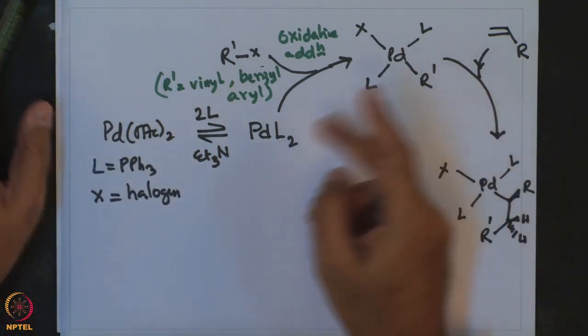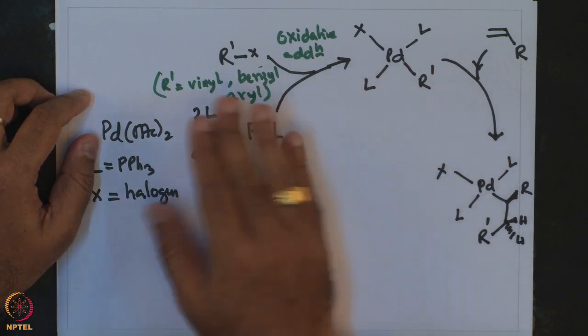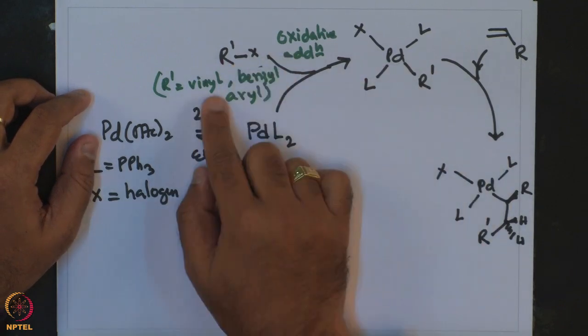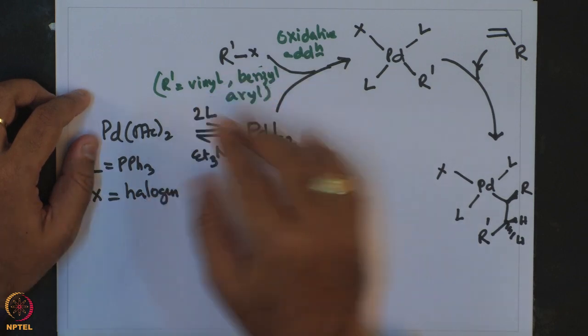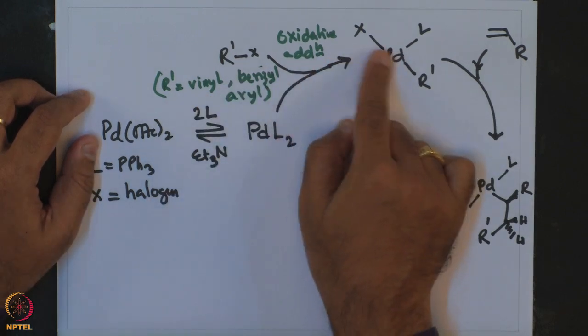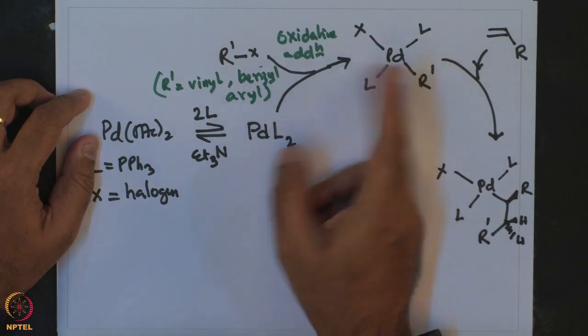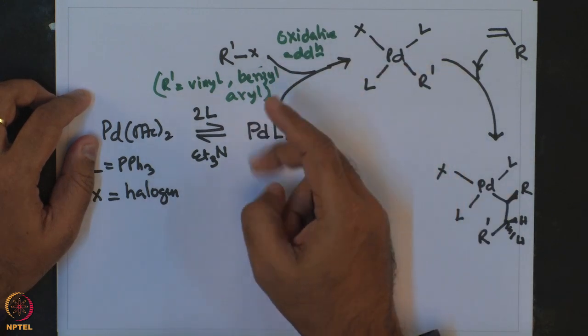Now, one thing that one has to remember is that these R dash X are the substrates which do not have beta hydrogen. As a result, once the oxidative addition occurs, it cannot decompose through beta hydride elimination mechanism.